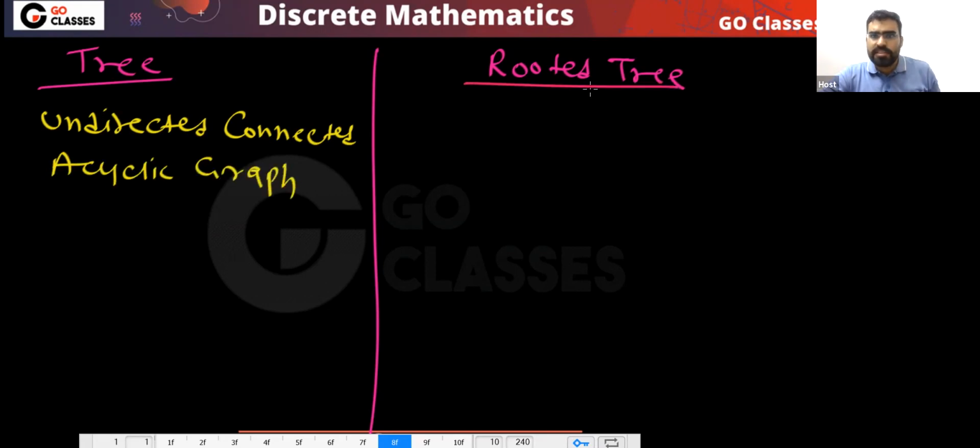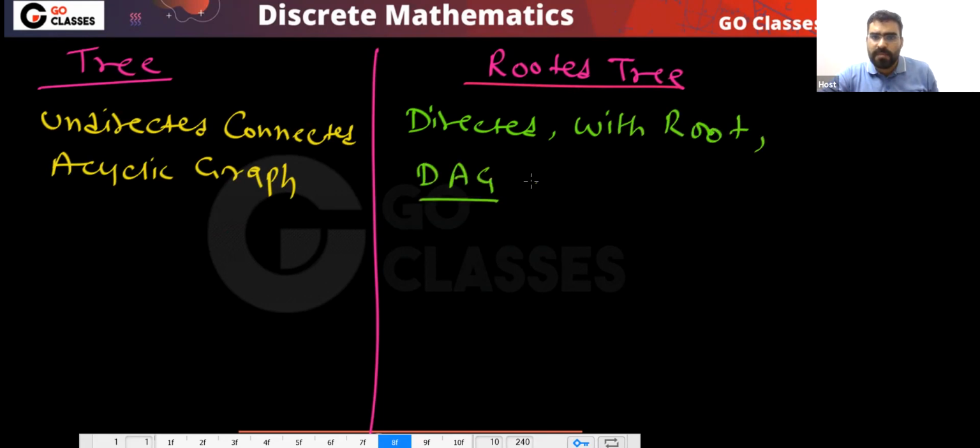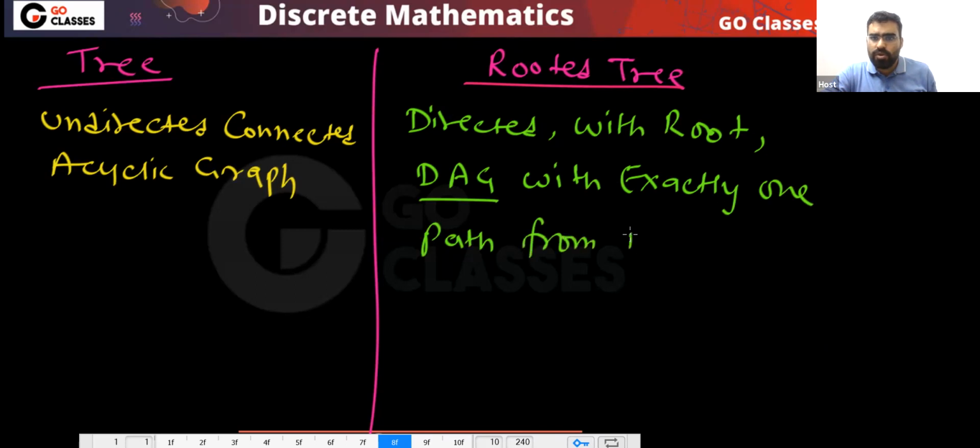And a rooted tree is a directed graph, a special type of directed graph with a root; there is a concept of root. It is basically a directed acyclic graph with exactly one path from the root to every node.